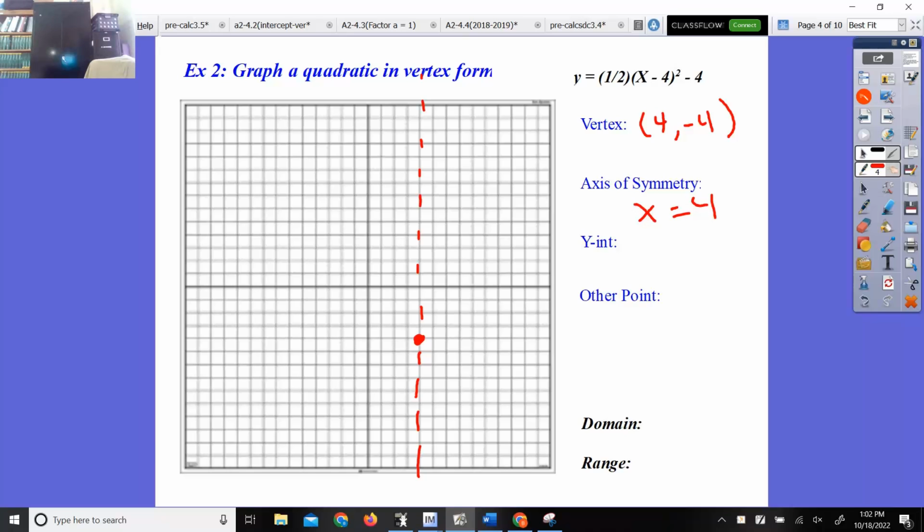Ariel, do you remember how to find a y-intercept? Katie, you remember how to find a y-intercept? That x equals 0. Keep writing until you know it, kids. Let x be 0. We're going to plug a 0 into that thing.